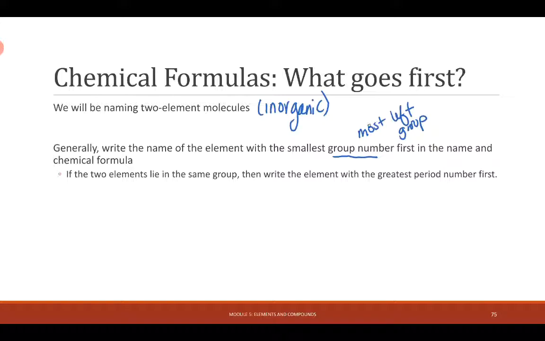And if you have two elements that are in the same group, you would pick the one with the greatest period number, furthest down. That's the one that would be written first in the chemical formula and the one that would be named first.